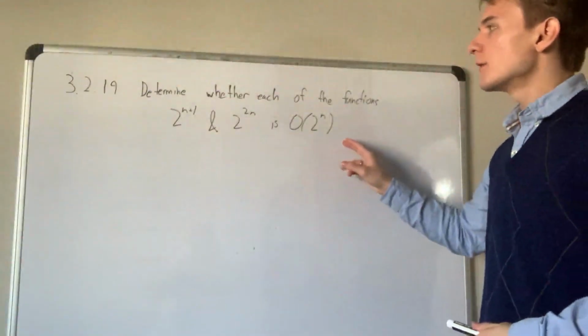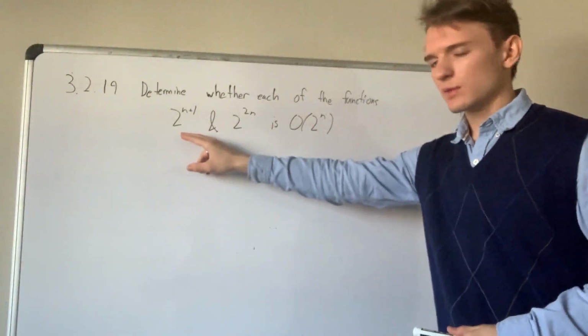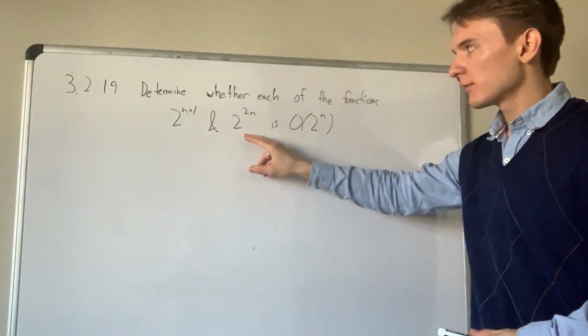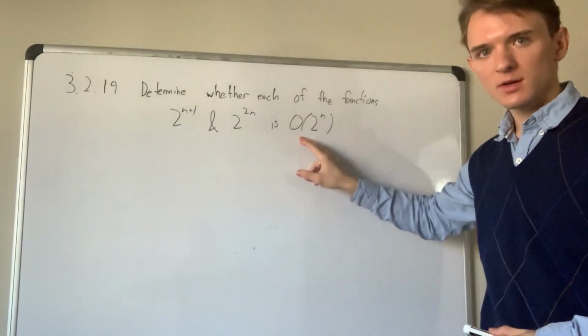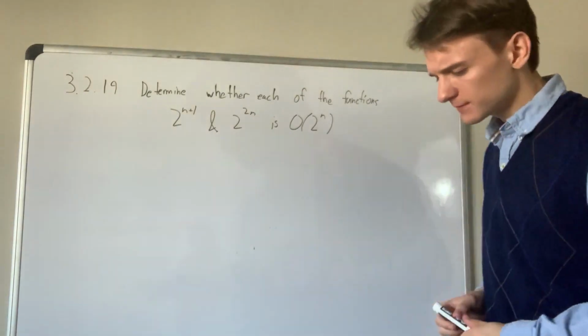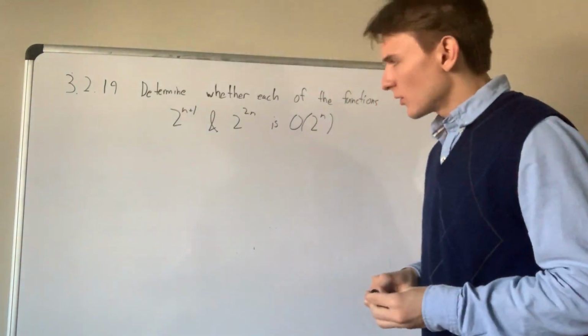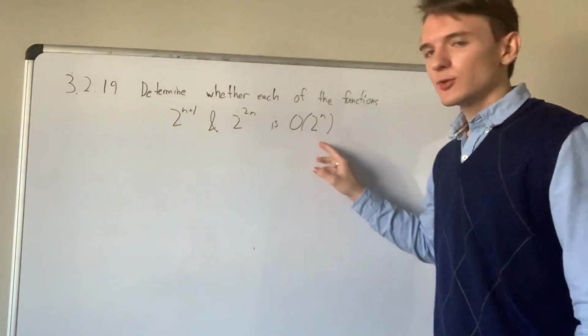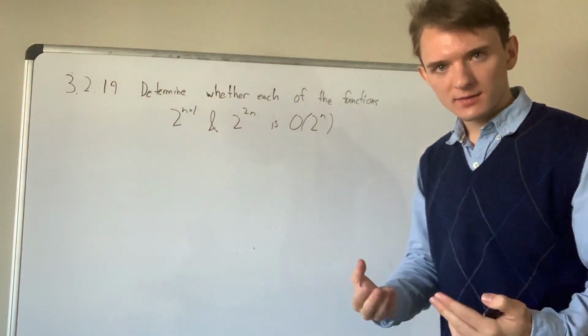Determine whether each of the functions 2 to the power of n plus 1 and 2 to the power of 2n is big O of 2 to the power of n. So let's begin with the first one. We need to try to get a 2 to the power of n isolated.